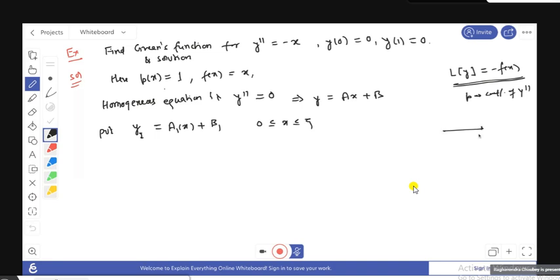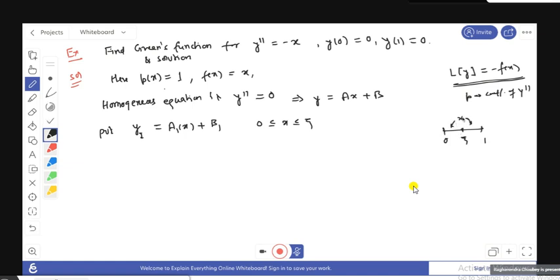You know that the interval is 0 and 1, given in the boundary value problem. Here xi is an arbitrary point which belongs to 0 and 1, and of course x also belongs to it, so x lies on either side of xi.